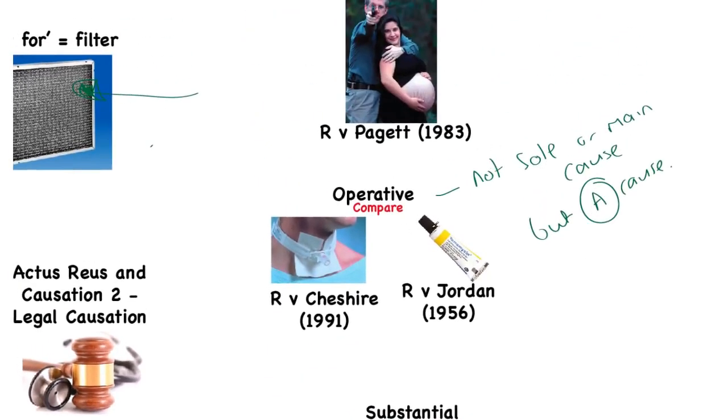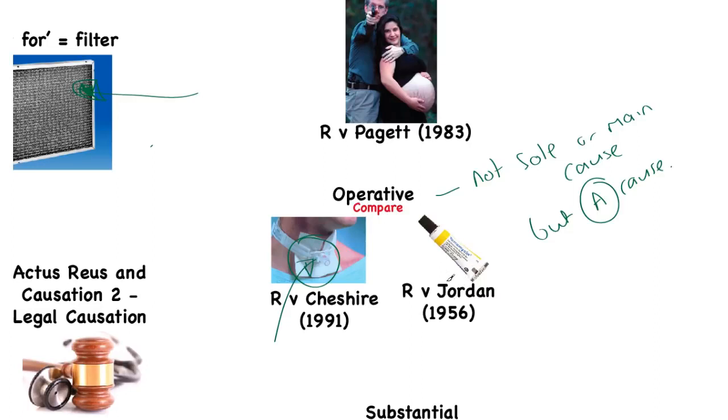Now, the easiest way to look at this is to compare two cases where one is operative, one is not operative. We've already looked at Cheshire, and we've looked at how the tracheotomy scar did not take away from the original gunshot wound. We can compare this with Jordan.